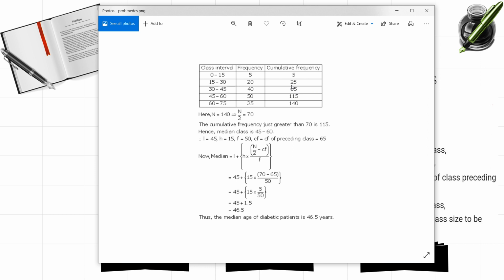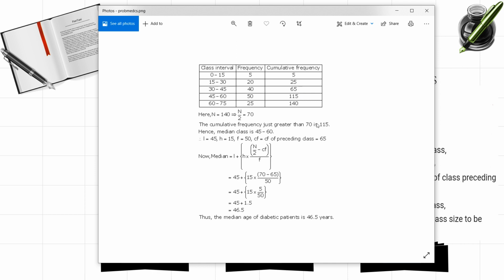The lower limit of this class is 45. Class size is 15, f is the frequency value which is 50, and Cf is the cumulative frequency of the class preceding the median class, which is 65.